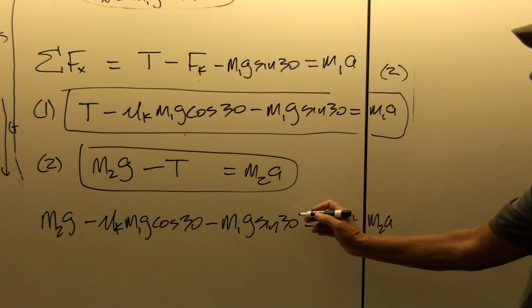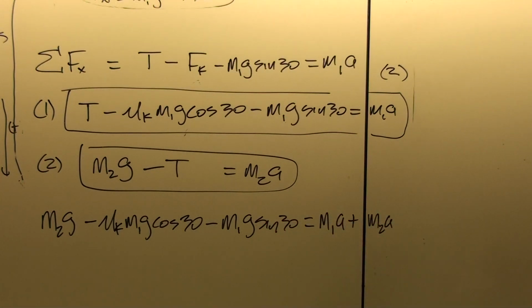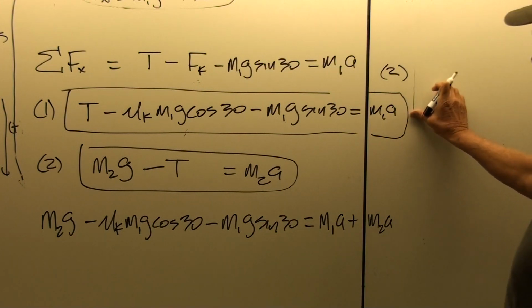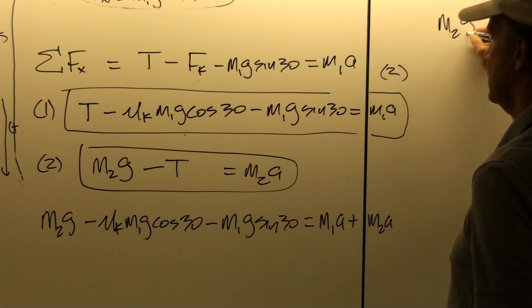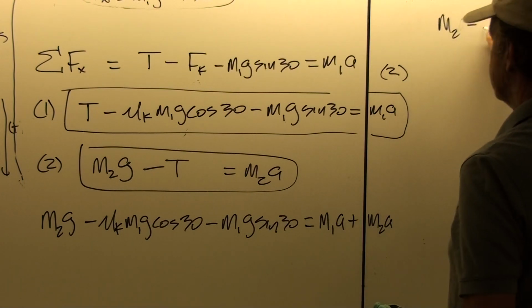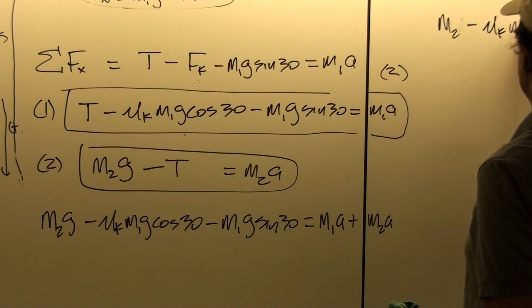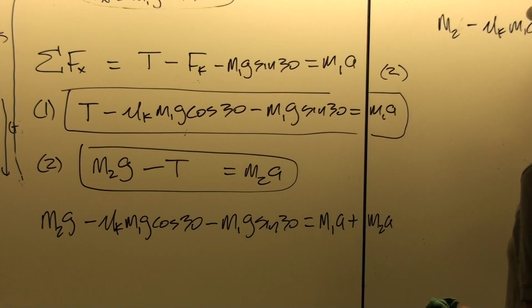So now, in the next step, I'm just going to factor out the g on the left side and the a on the right side, just like I did in the last example, just a little more algebra here. M2 minus mu k m1 cosine 30 minus m1 sine 30 all times g.